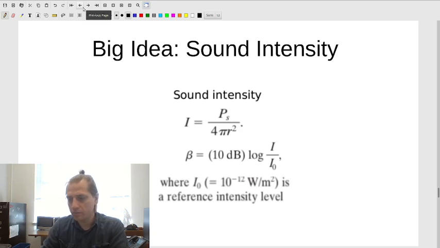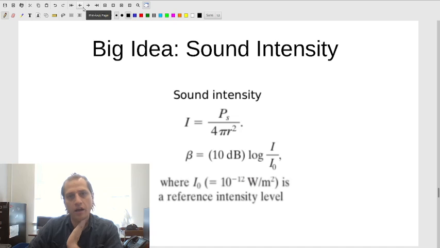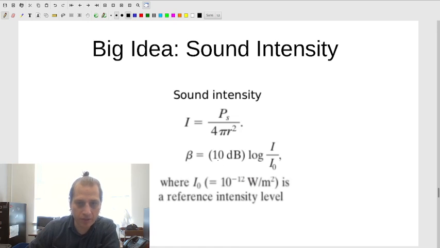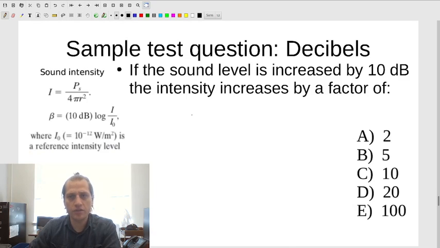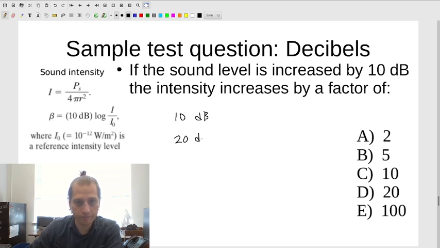Okay. Let's see. We also talked a little bit about sound intensity. The sound intensity is in this weird decibel scale because we experience sound on approximately a log scale. Here's a little question. If the sound level is increased by 10 decibels, the intensity increases by a factor of what? Well, this is one that might be just good to remember, but if you were given this, you could figure it out. So let's compare, for instance, 10 decibels versus 20 decibels.